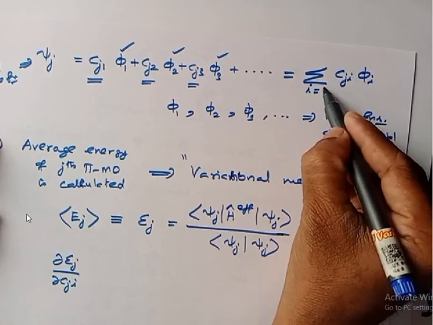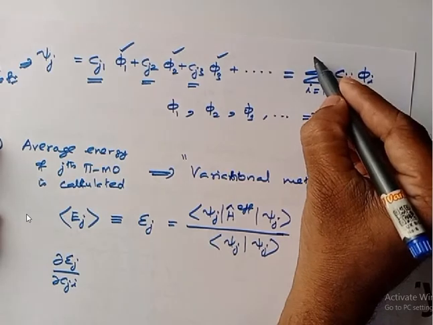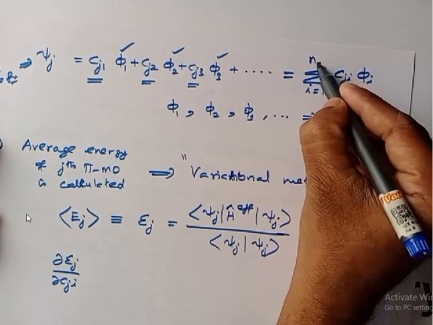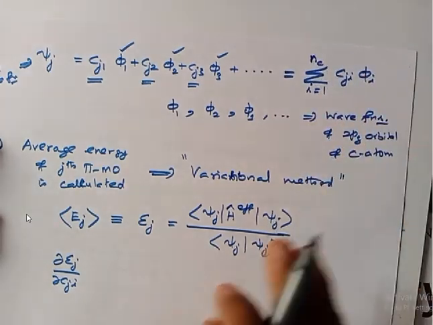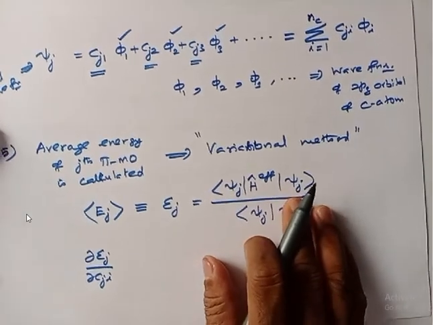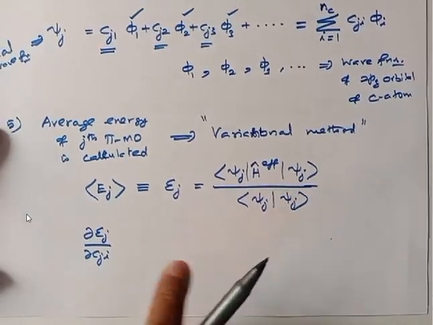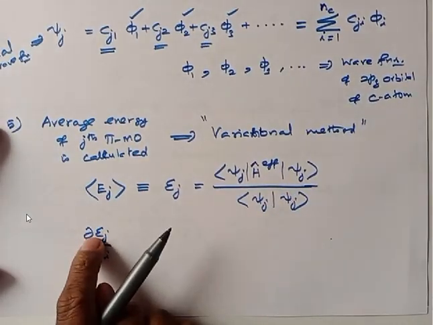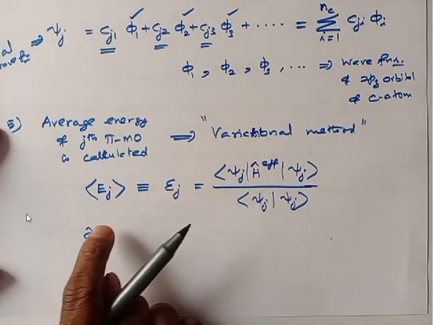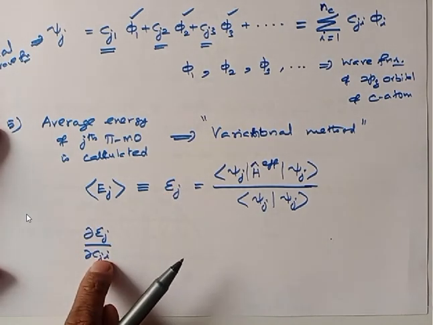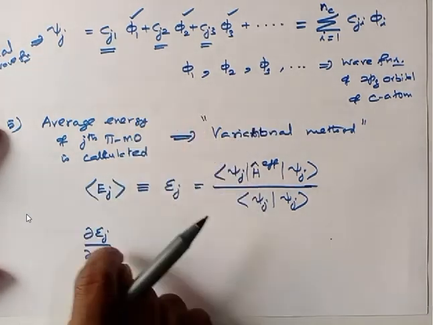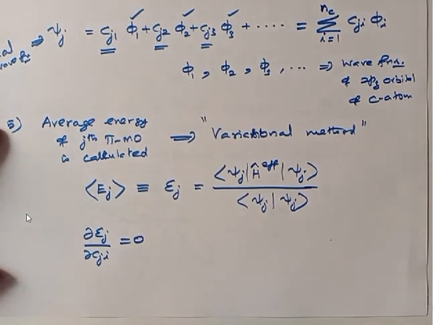So i goes from 1 to the number of carbons involved in the conjugation. Now to minimize the energy, differentiate this E with respect to each coefficient, and put that value equal to 0.